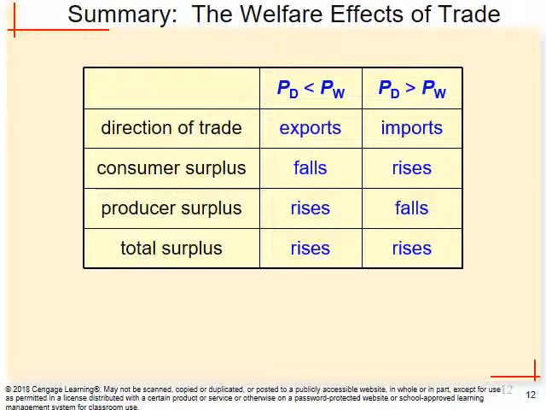producers are benefiting. So the producer surplus will rise and consumer surplus will fall, but overall the total surplus will increase.